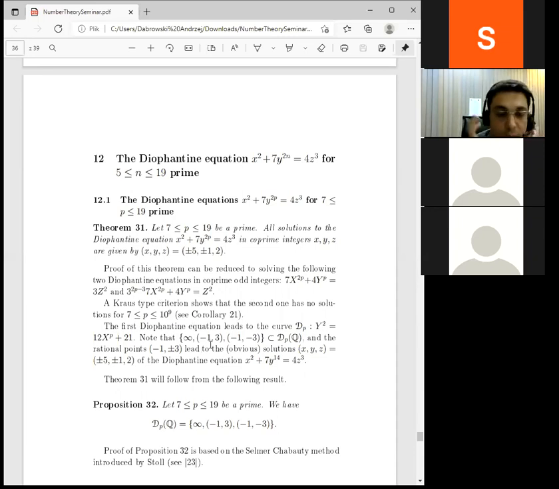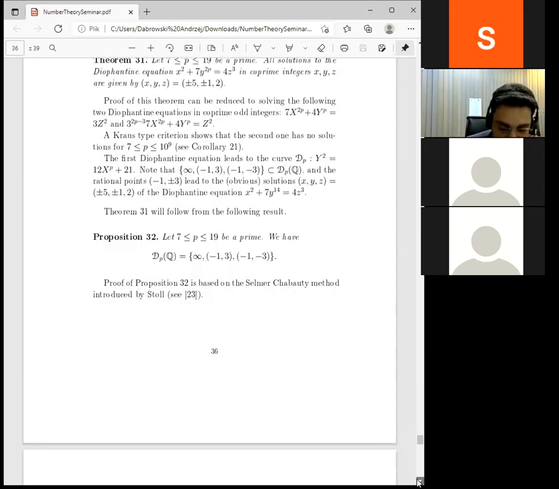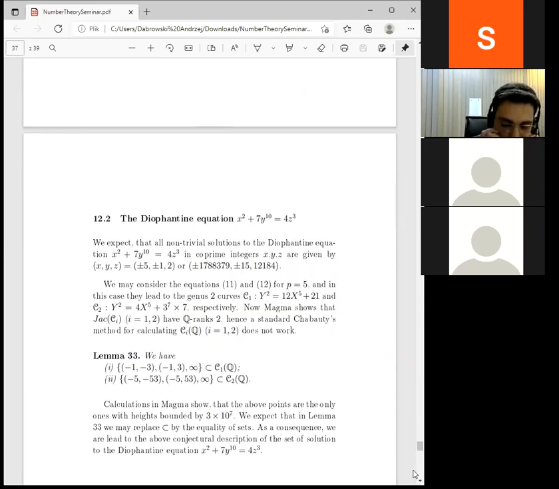Note that we have 3 obvious rational points, which lead to the obvious solutions to the Diophantine equations, and our task is to prove that these rational points are all the rational points on such algebraic curves.